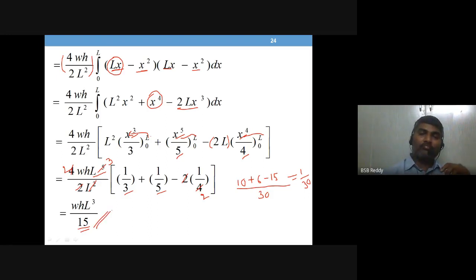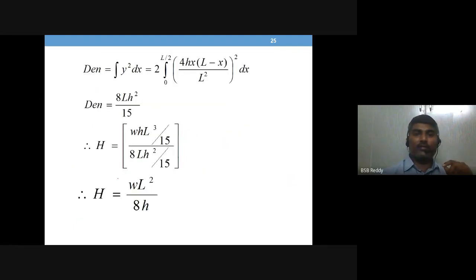Okay. Coming to the denominator, I don't know whether you remember or not, in the last session we concluded that if it is parabolic, the denominator value will not change. You have to reproduce the same derivation of denominator as discussed in the earlier session. Okay, no change.